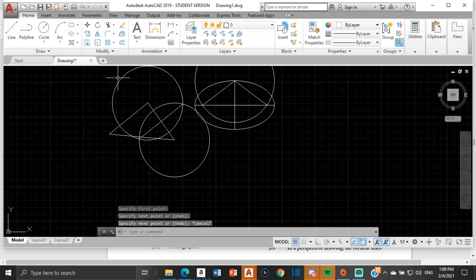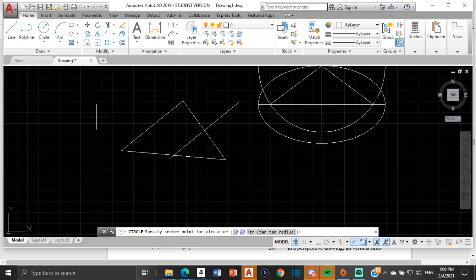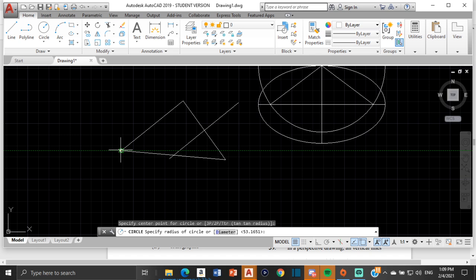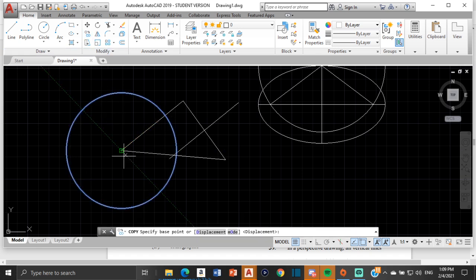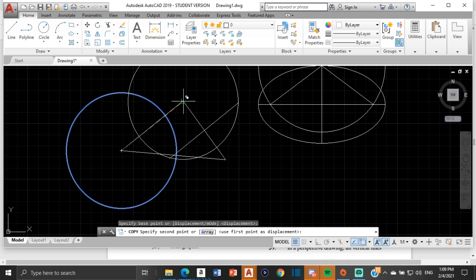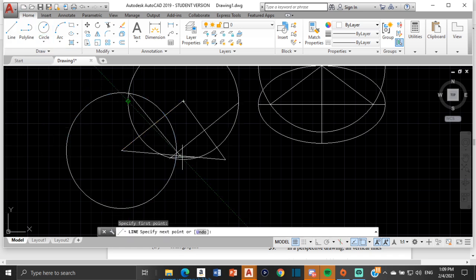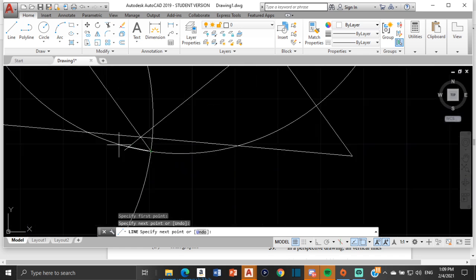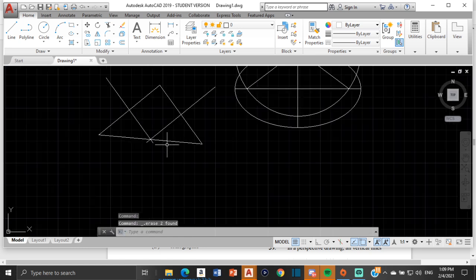Alright, and then now let me just remove these circles. It's part of the construction, but it's going to get in the way. And I could bisect any other line, so let me just bisect this line as well. Let me just copy this circle from here, and if I draw a line like this, I get that.